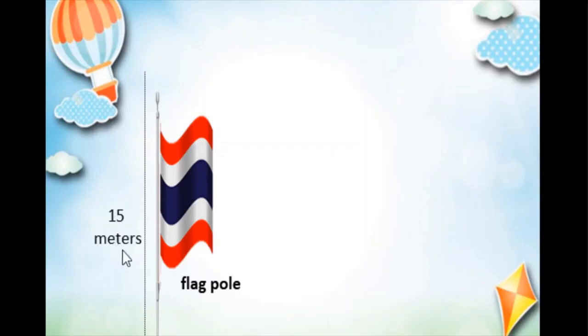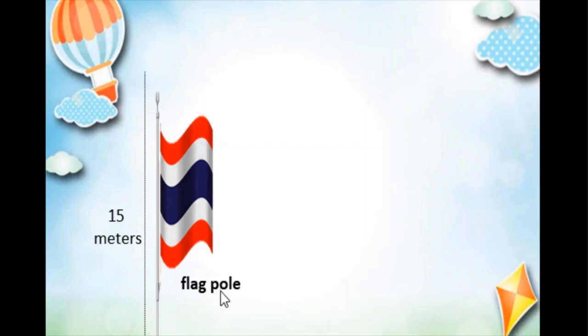We have here, what is this? This is a flagpole. Okay. We are going to measure the height of this flagpole from top to bottom. And we estimated it as 15 meters tall.